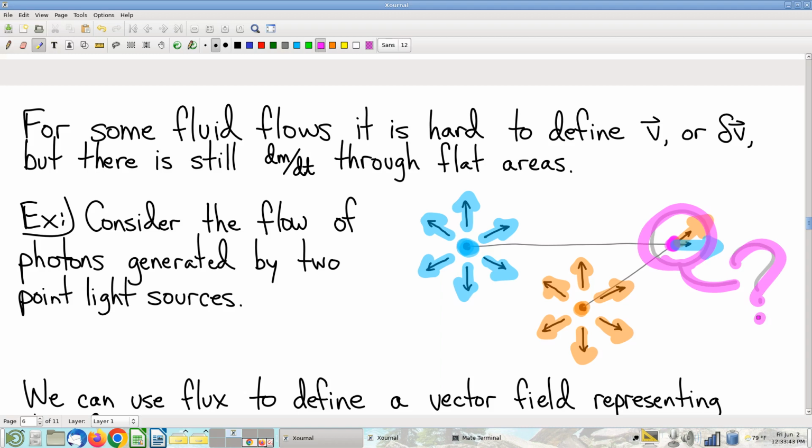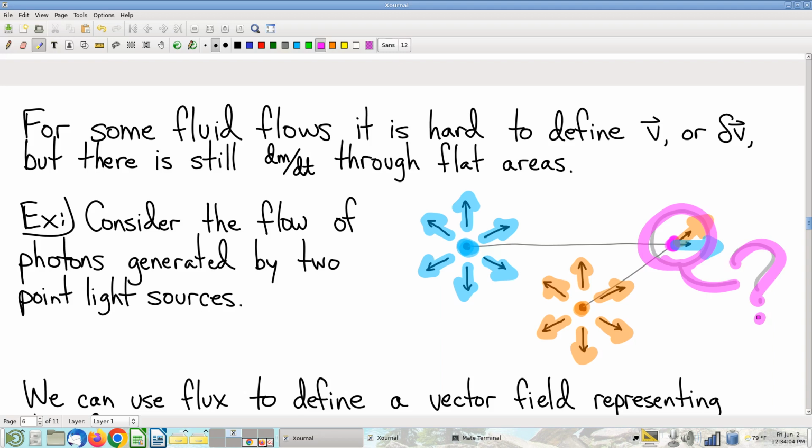Do I use the one vector or the other, or do I average them or something? How would I represent the fluid flow? I can't make any reference to the velocity because at this point there are two very different velocities. What do you do?